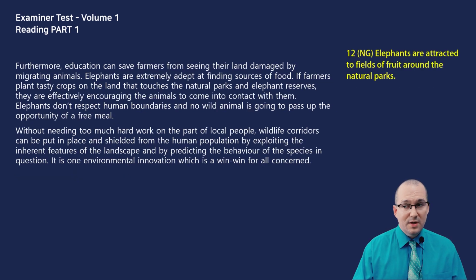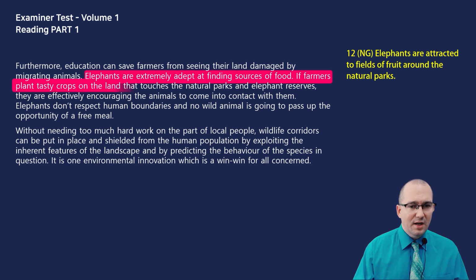Now for question 12, it's not given. Elephants are attracted to fields of fruit around natural parks. Well, we got to find fruit, but all we can find here is elephants are extremely adept, and that means good at finding sources of food if farmers plant tasty crops on the land that touches.